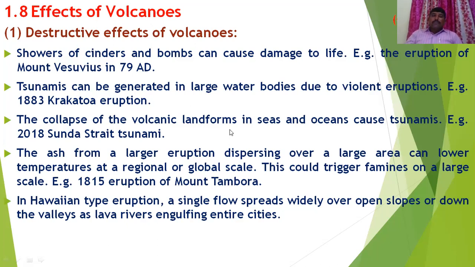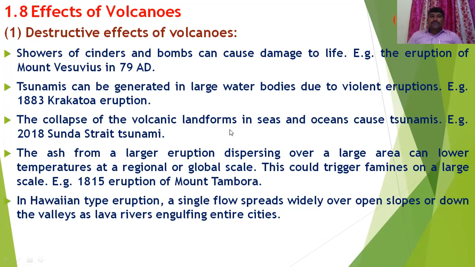In Hawaiian type eruption, a single flow spreads widely over open slopes or down the valleys as lava rivers, engulfing entire cities, leading to the loss of life and property.